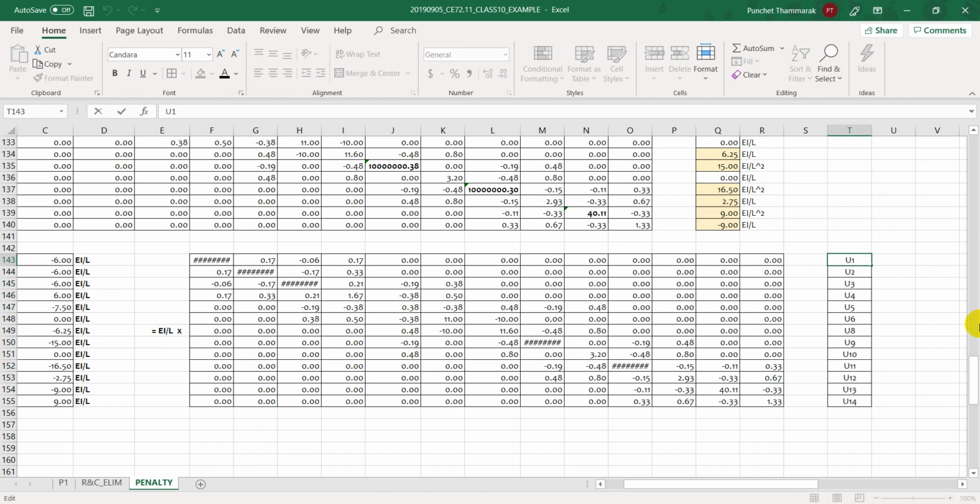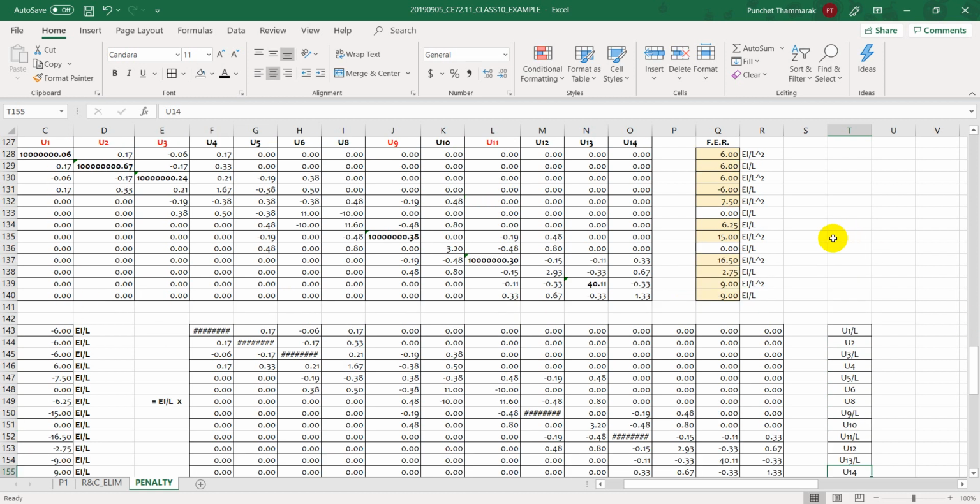So U1 is the displacement. You take the over L. U3 is the displacement. U5 is also the displacement. U9 is the displacement. U11 is the displacement, and U13 is also the displacement, right?